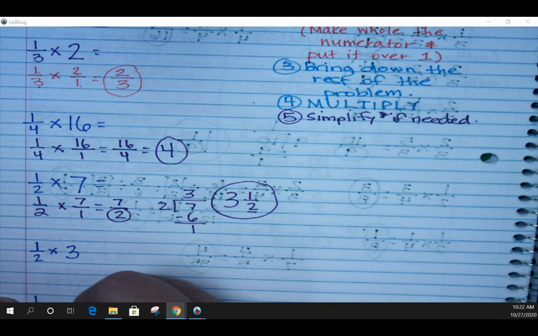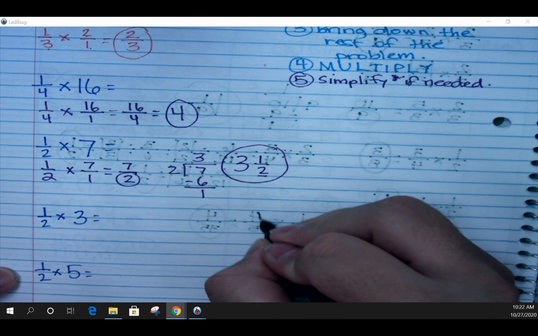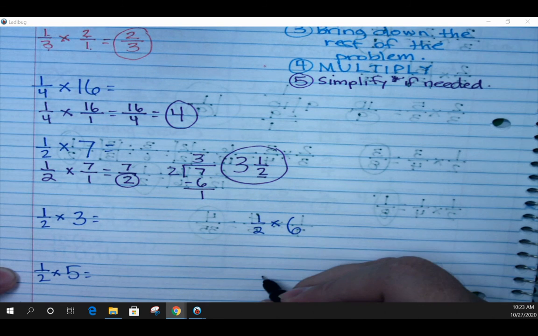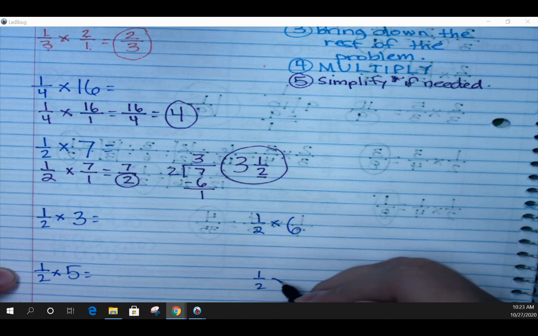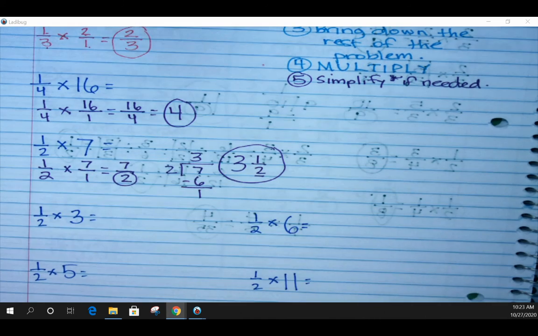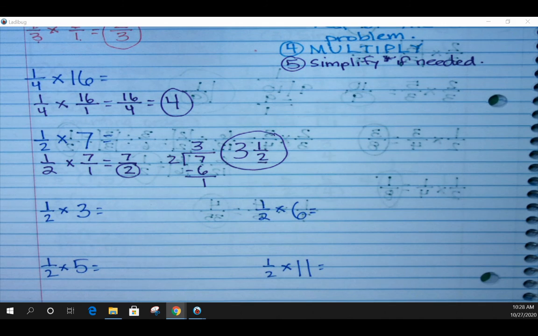Do 1/2 times 5. Do 1/2 times 6. And do 1/2 times 11. There's 4 practice problems. Work on those. Here we go. Follow along.